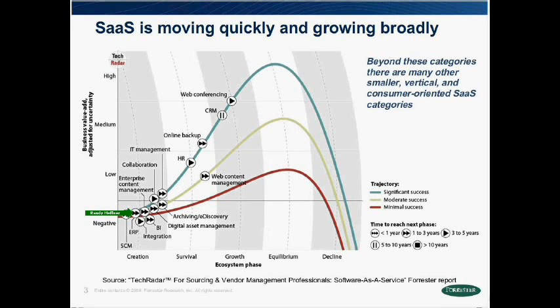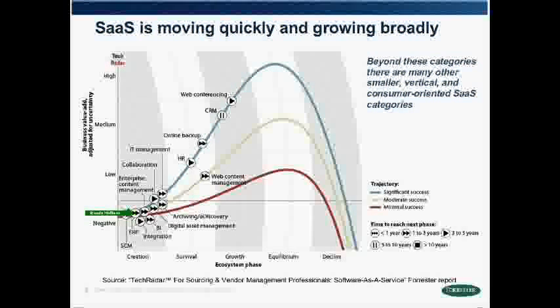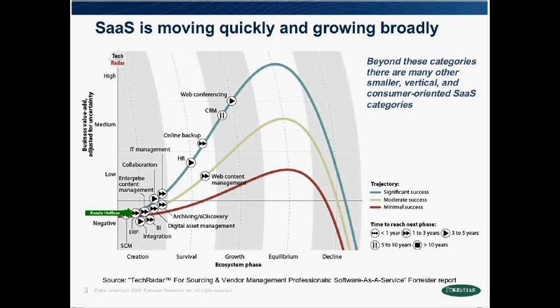And then there are a number of smaller, vertical, consumer-oriented, and other SaaS categories, so many that we just can't do a Tech Radar on all of them. This Tech Radar is focusing on the most broadly applicable forms of software as a service, and there will be many others that you'll find when you move into the market.